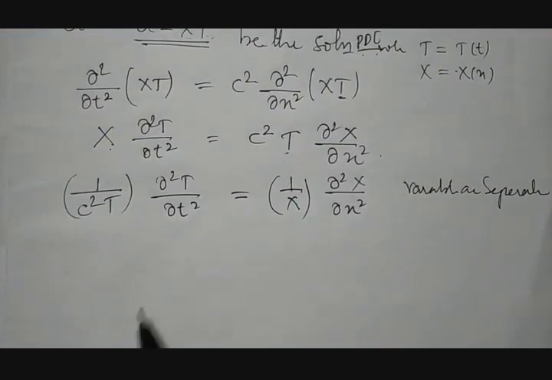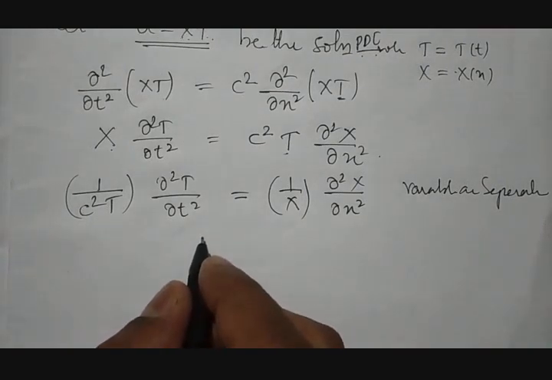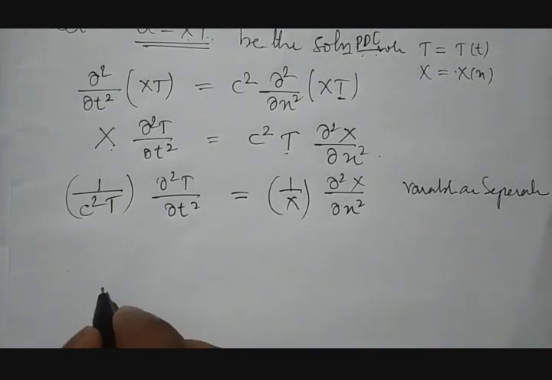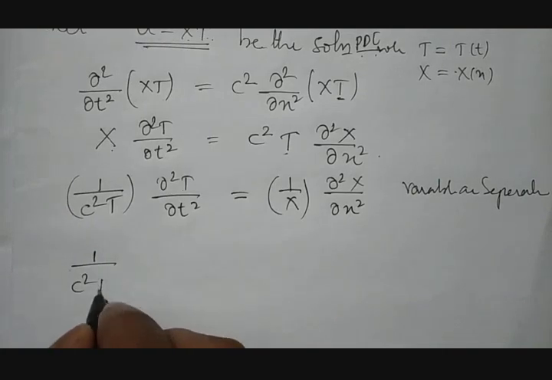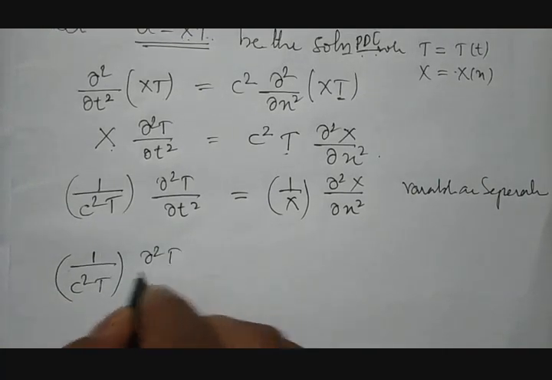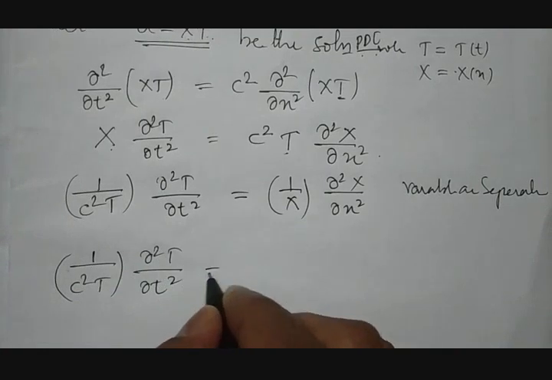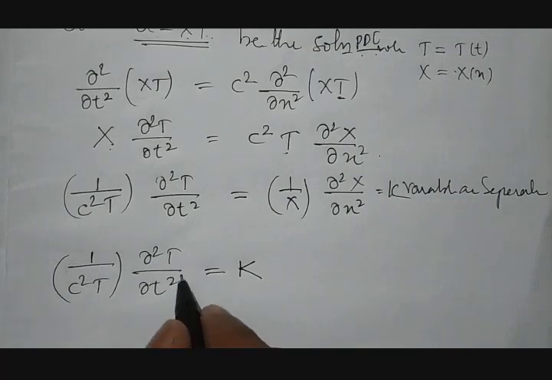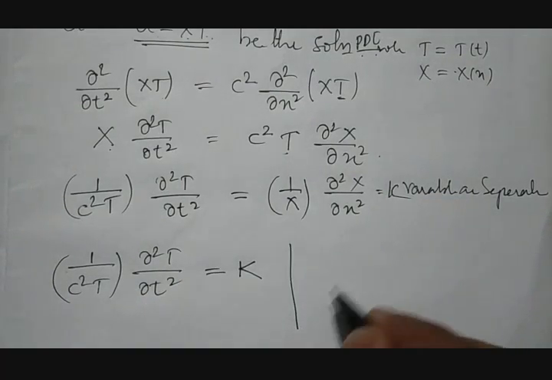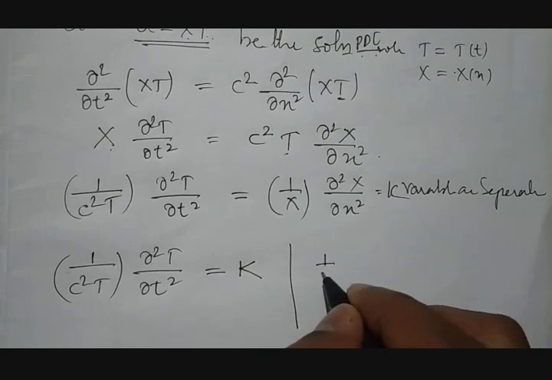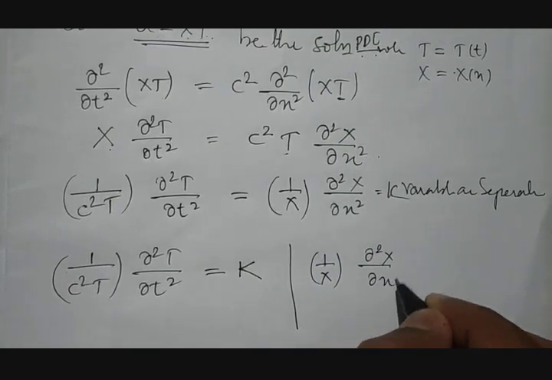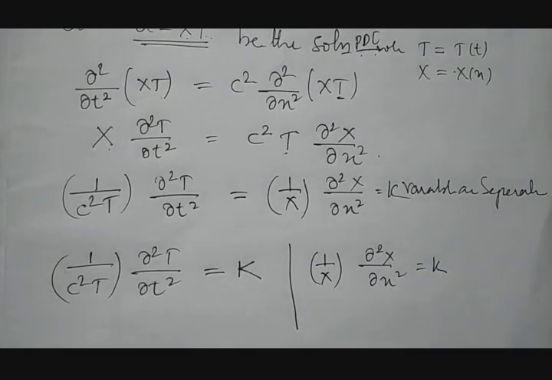Fine. Then after separating this, how do we take this result? It will be taken as 1/(c²T) ∂²T/∂t² and this whole thing will be taken as k. Therefore, the first term is k. Next, the second term, 1/X ∂²X/∂x², will be taken as k.